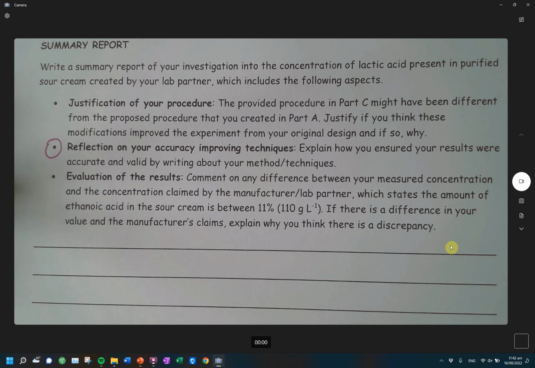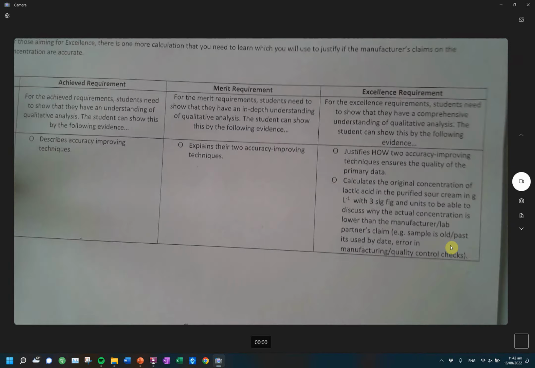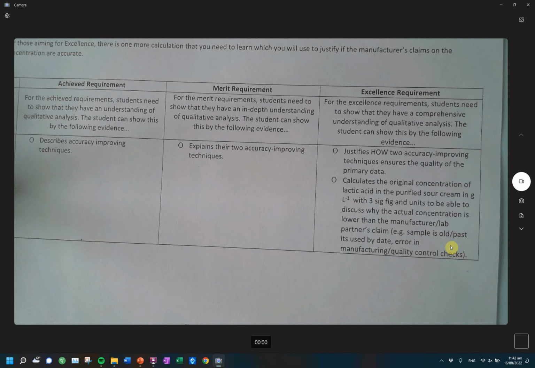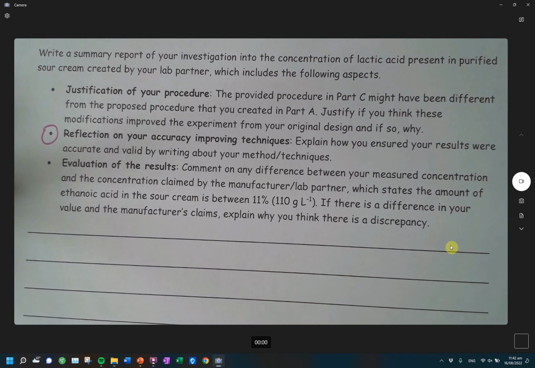All right, excellence is where obviously it is a bit more work. You need to justify your accuracy improving techniques. So you're still doing bullet point number 2, but you're doing it in more depth and detail. You're being more specific on how it impacts the results. You're not being vague and just being like, oh, it's going to affect my results. Why? Is the big thing I would ask for.